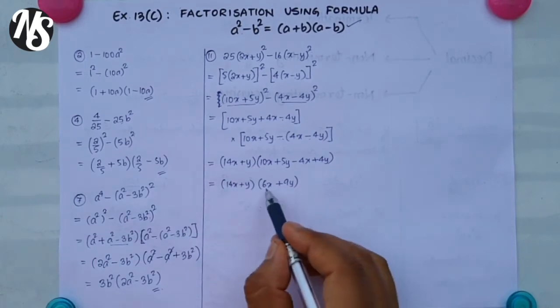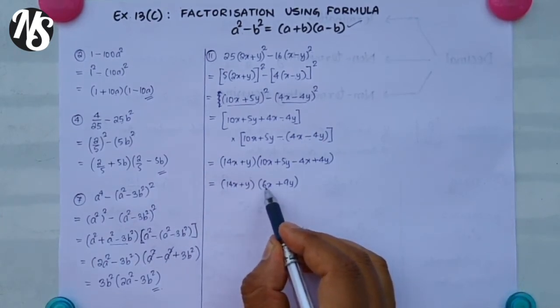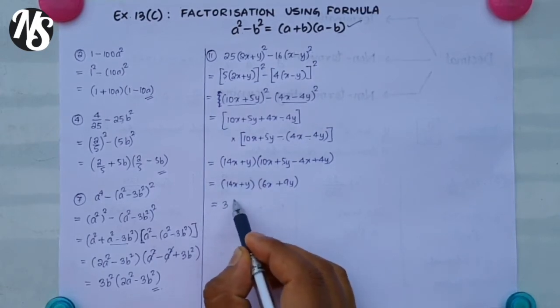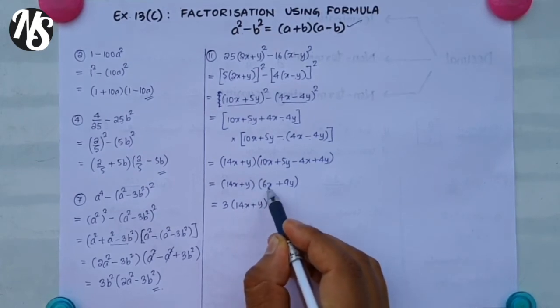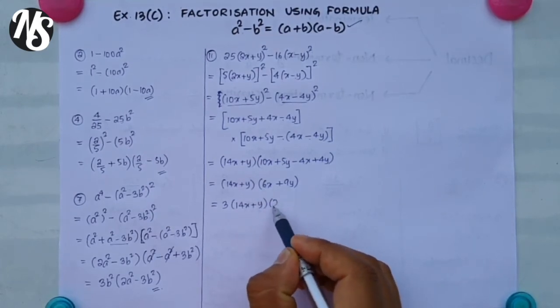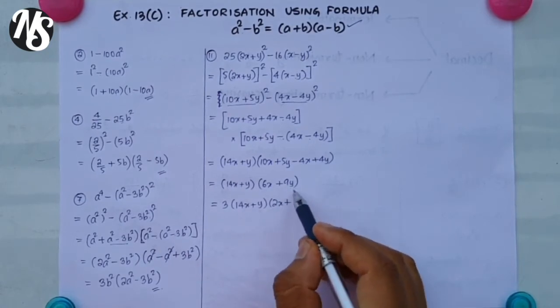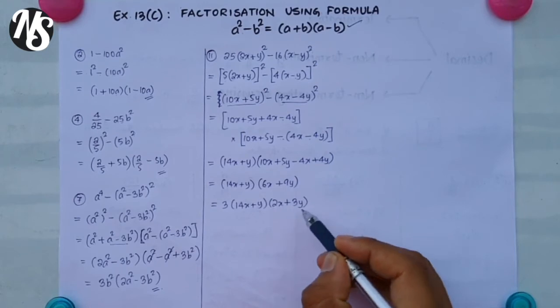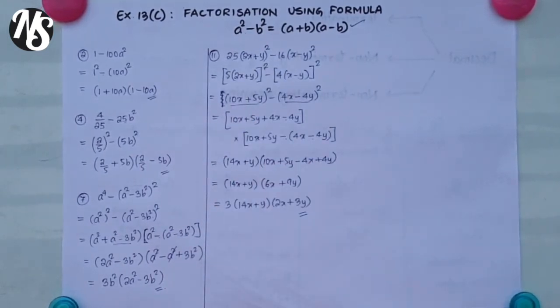Now is there anything common here, a common factor? Yes, 3 is the common factor. So if you take out 3 from here, you already have 14x plus y. If you take 3 from 6, you get 2x, plus if you take 3 from 9, you get how much? 3y, isn't it? So this will be your factorization of this particular expression.